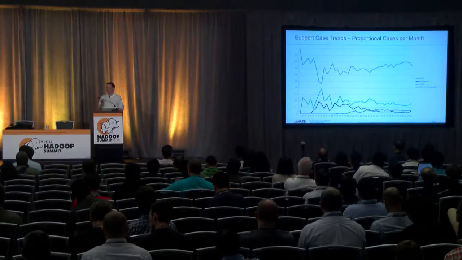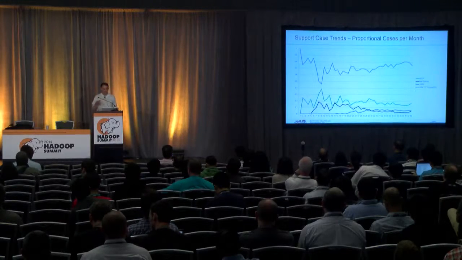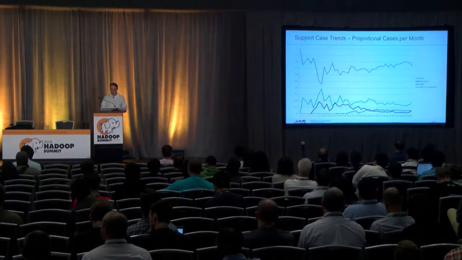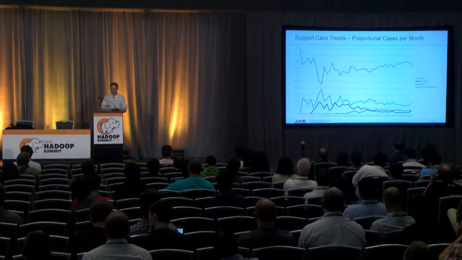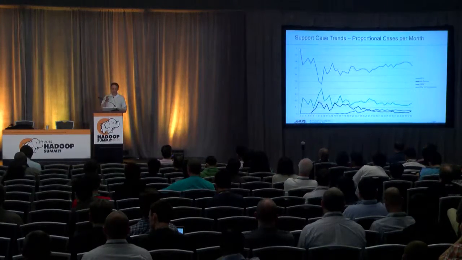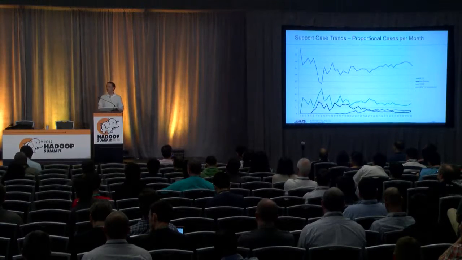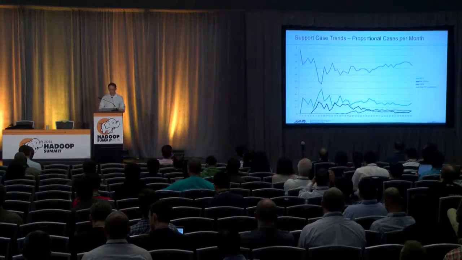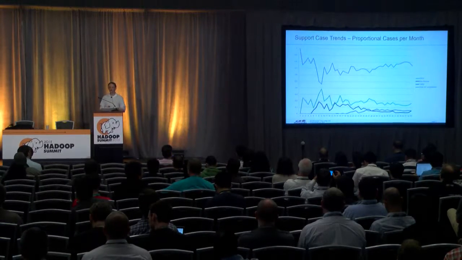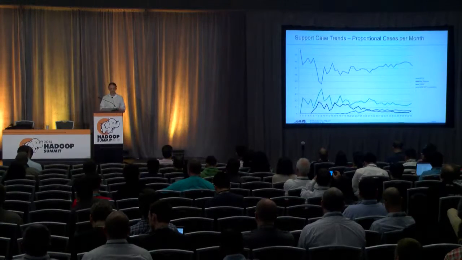The second chart here, again, is taken from the same data source, but this time we're looking at an analysis of the root cause category for each of those support cases, again in those three core components of HDFS, YARN, and MapReduce. There are a whole host of other root cause classifications that we use in our tracking system.